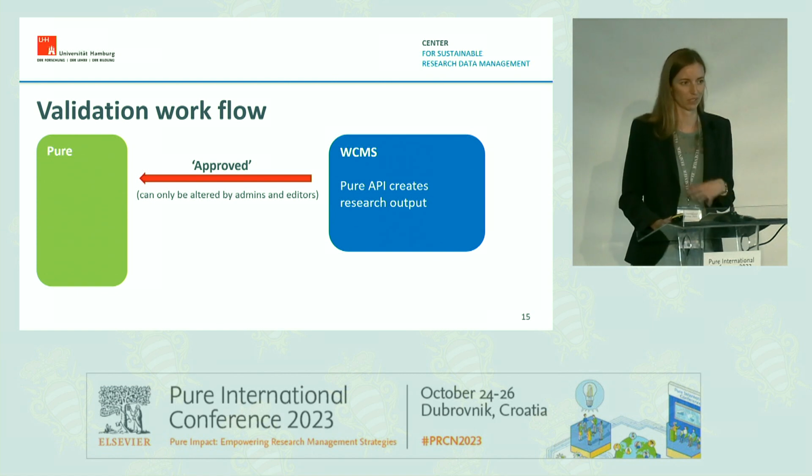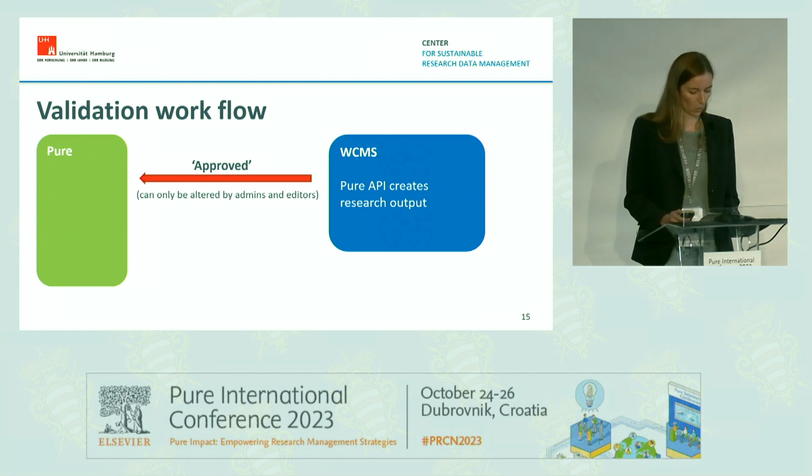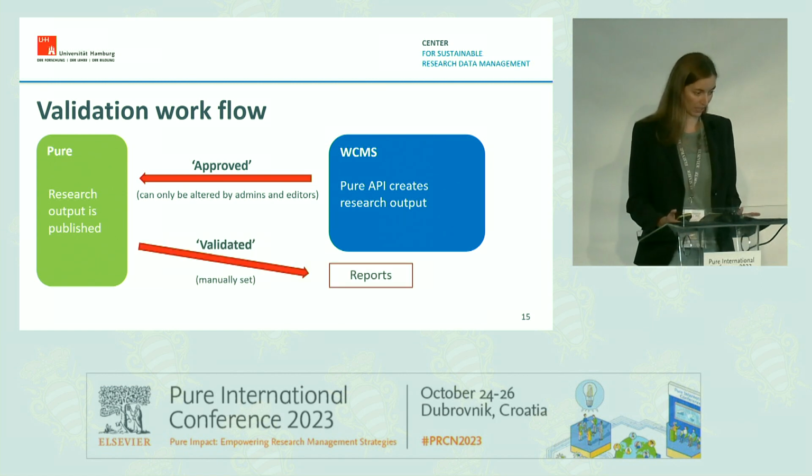We're talking about APC, we're talking about money, so that's why it's set to approved. And once the research output is published, the according editors set the research output manually, in that case, to validated, and it can be used for institutional reports.